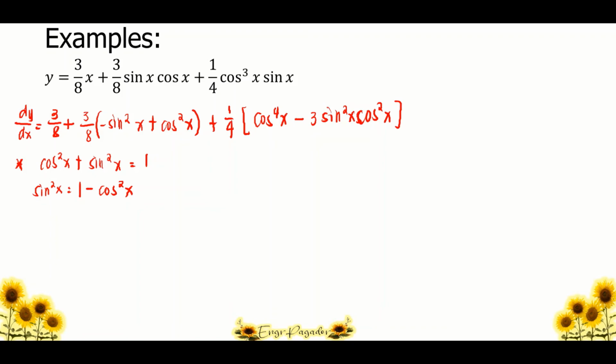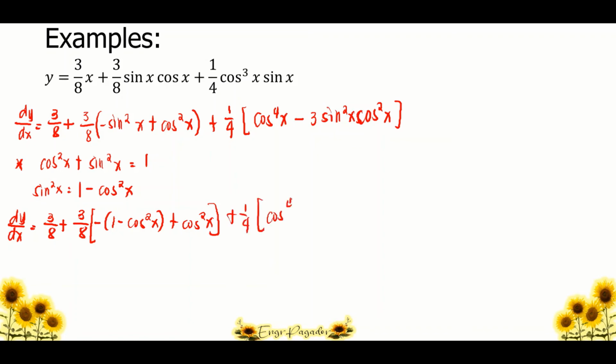So, what will happen is dy over dx is equal to 3 over 8 plus 3 over 8 multiplied by negative (1 minus cosine squared x) plus cosine squared x, plus 1/4 cosine raised to 4x minus 3 sine squared x. So, let us again replace it with 1 minus cosine squared x, then multiplied by cosine squared x.